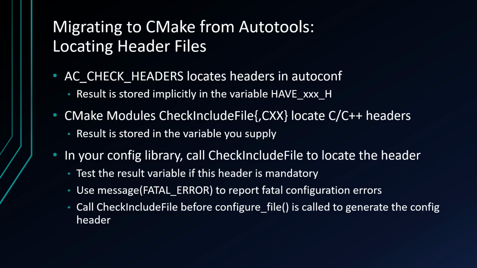If it's a mandatory thing, you can use message with a FATAL_ERROR keyword to report a fatal error, indicating maybe your CMake script needs some assistance in locating where this header file is found. It looked in all the standard places and it couldn't find it, so some intervention is required, or maybe it's missing. That implies the user's missing a dependency on their system that they have to go and install manually, a manual prerequisite.